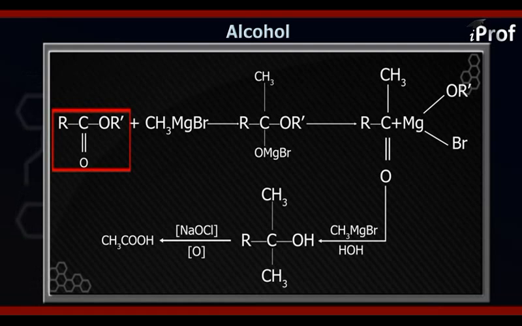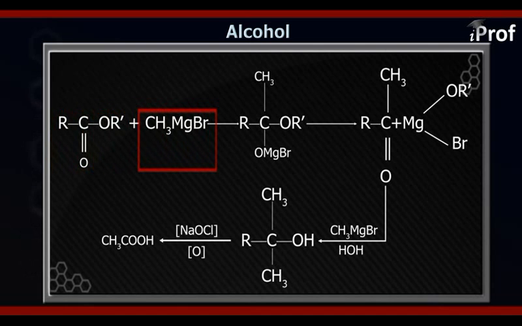Now if you react this ketone, that is R C double bond O CH3, with another molecule of the Grignard reagent, which is CH3 MgBr, the CH3 minus again will behave as a nucleophile and will attack on the ketone.